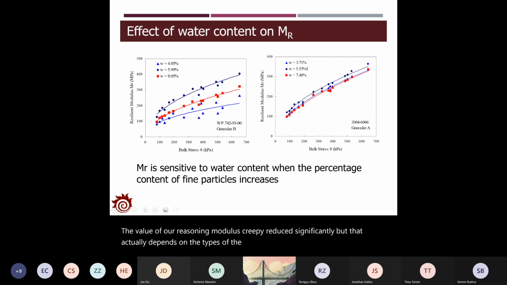For example, if we consider two different aggregates, granular A and granular B, basically granular A has larger particles and granular B will be finer.